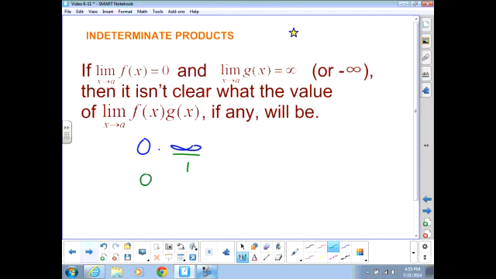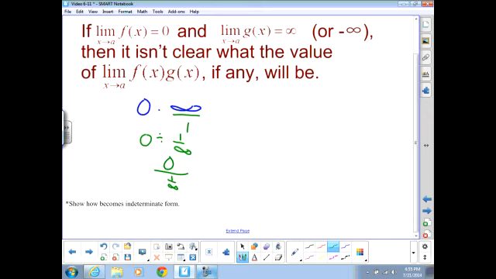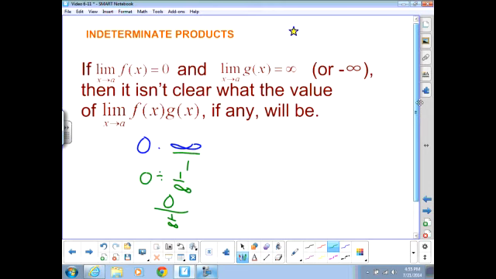That makes it 0 divided by 1 over infinity. Well, 1 over infinity, when your bottom gets huge and the top stays the same, just becomes a 0. So that just becomes a 0 over 0 case. So what you can do is just divide one of your functions on the bottom by 1 over that.